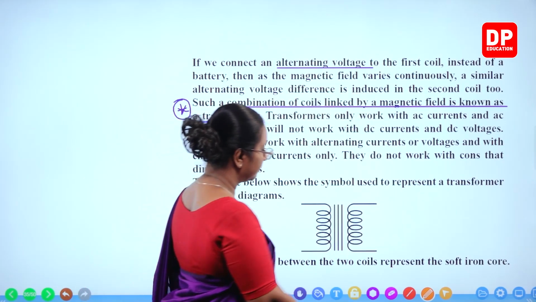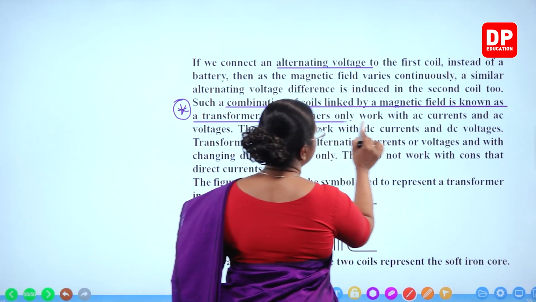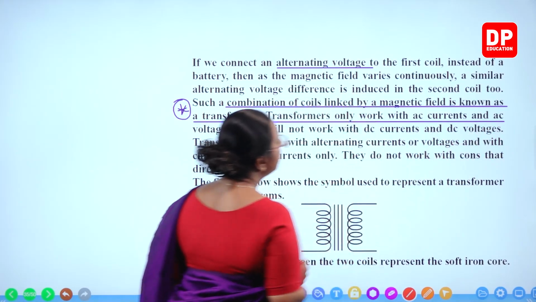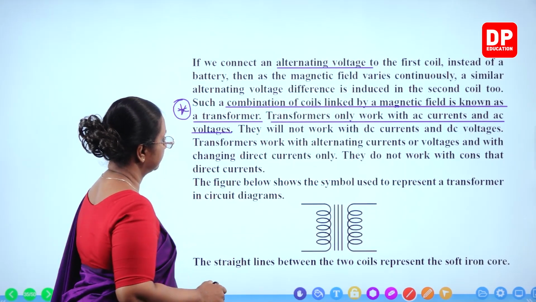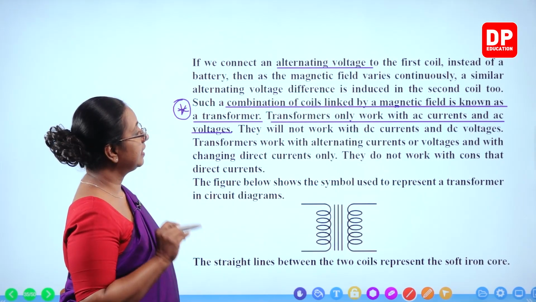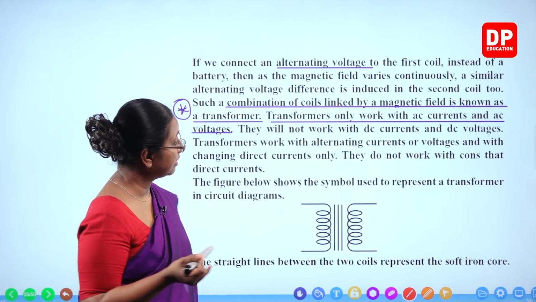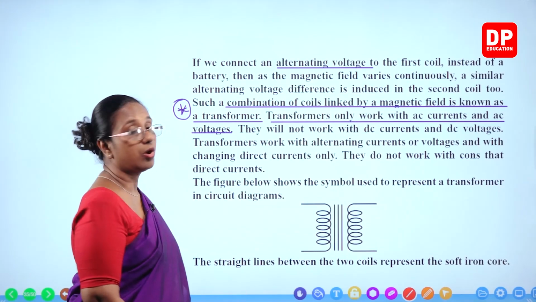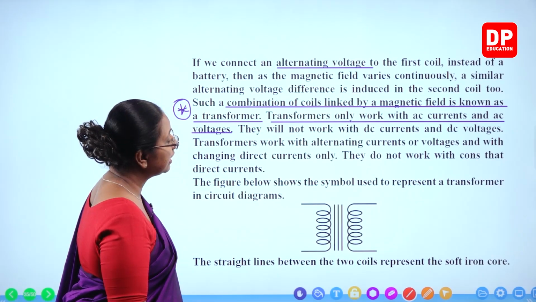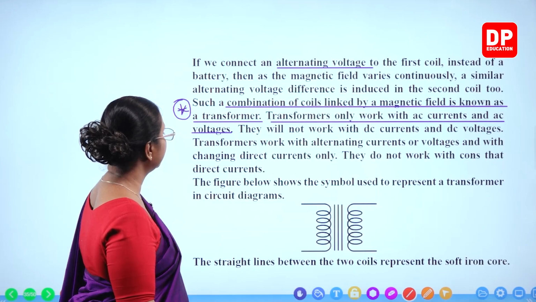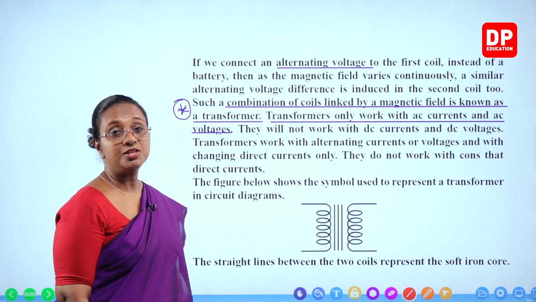Transformers only work with AC currents and AC voltages. They will not work with DC currents, that is direct currents and direct current voltages. Transformers work with alternating currents or voltages and with changing direct currents only.